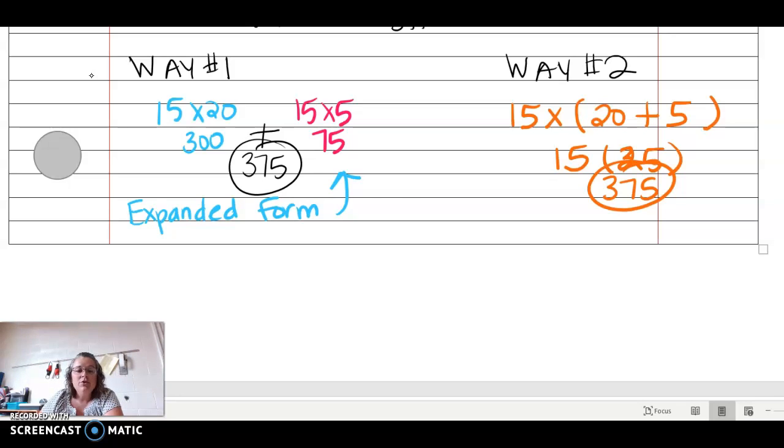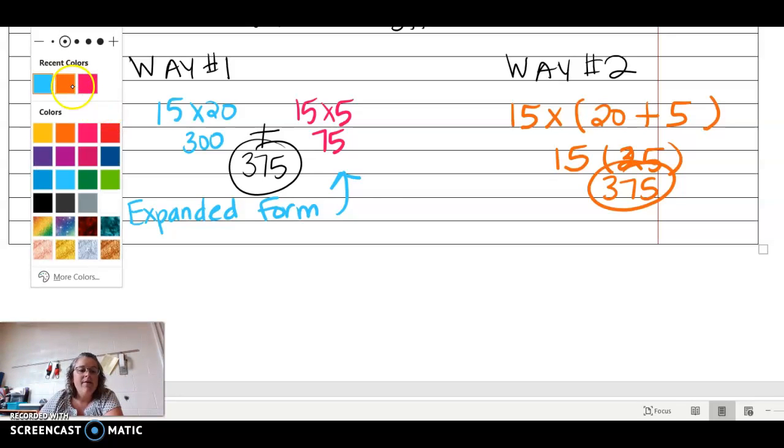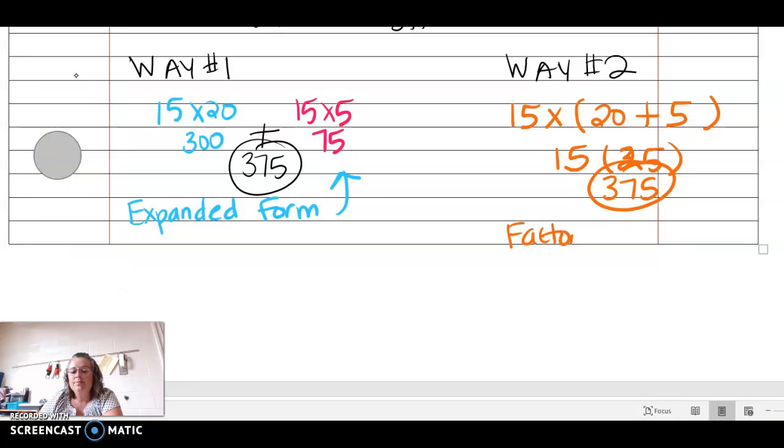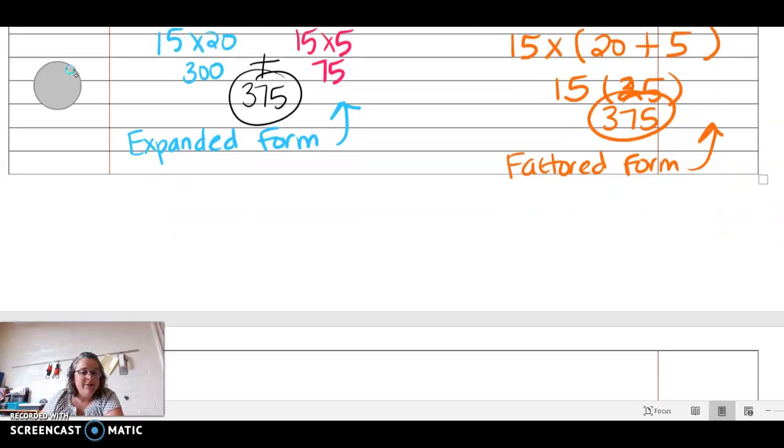And then way number 2, I'll pick that orange color again. We like to call this the factored form. Thing is, they both give us the same thing, but one form looks a little bit different than the other.